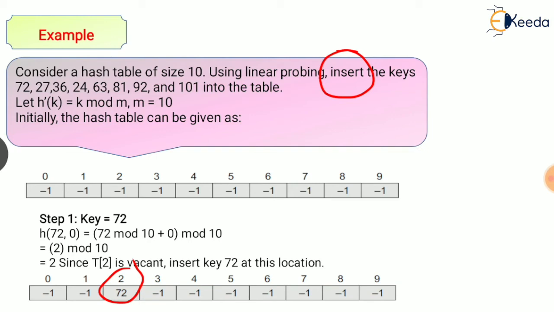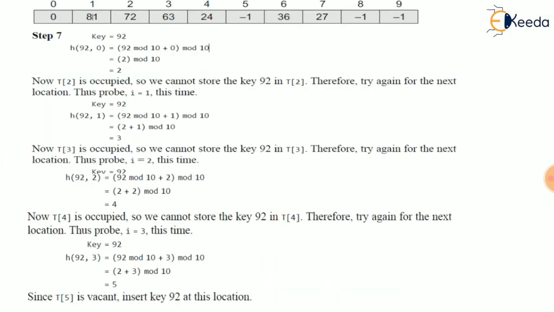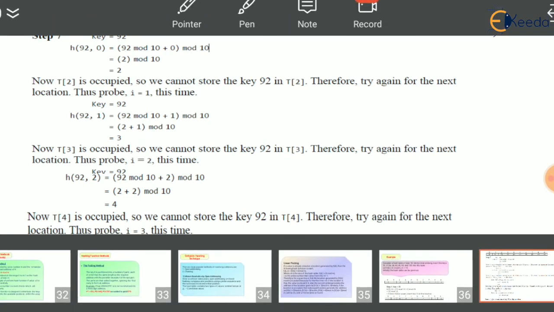Now the question is where the collision is. So the collision is in the next slide. Now here I am continuously adding the elements inside the hash table.